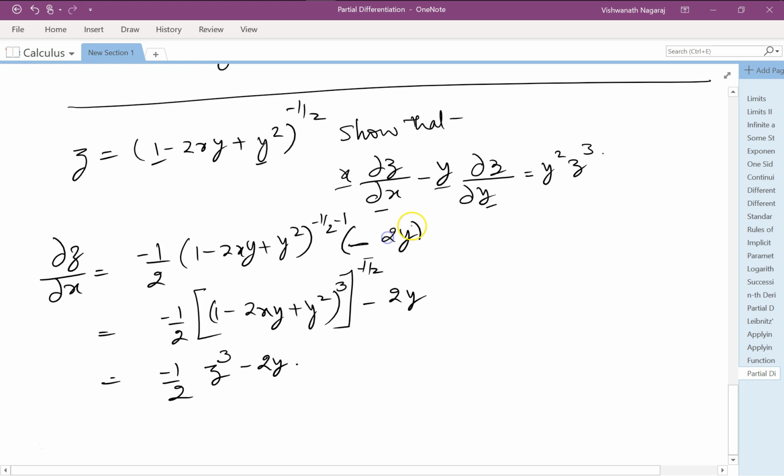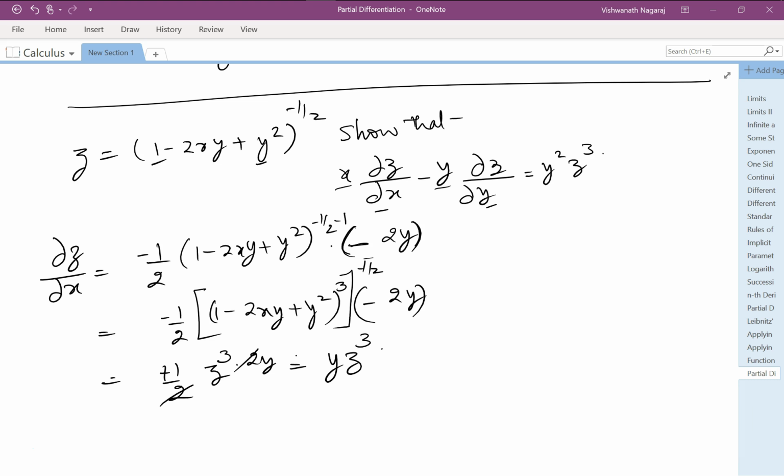This is multiplication. So, this is multiplication. So which means this becomes plus 2y. 2 gets cancelled. So we are left with yz cube. See, if you miss one bracket, right, I missed it. Once you miss a bracket or even a positive sign for that matter, your calculations will go wrong.